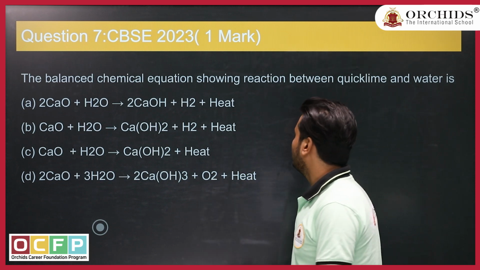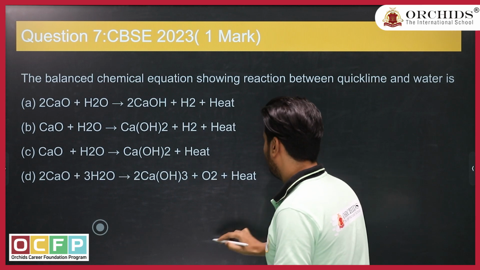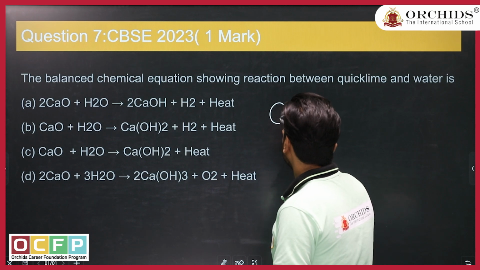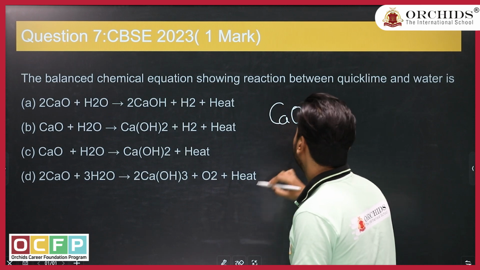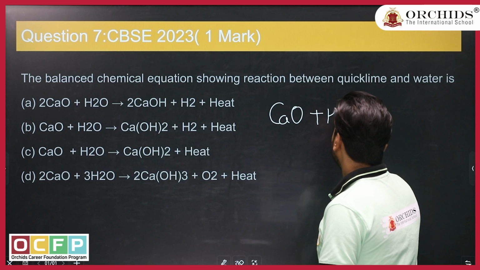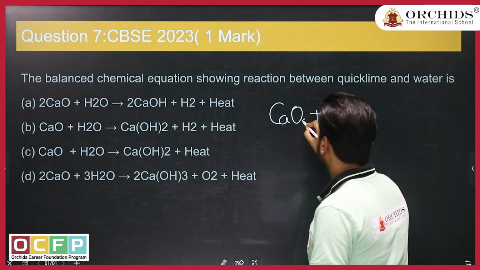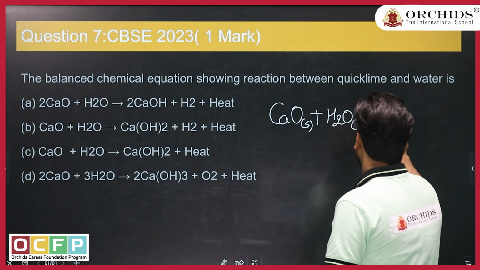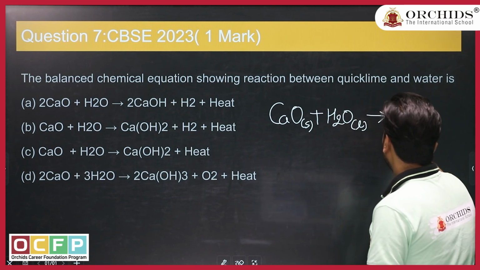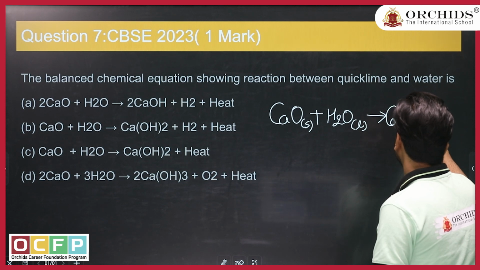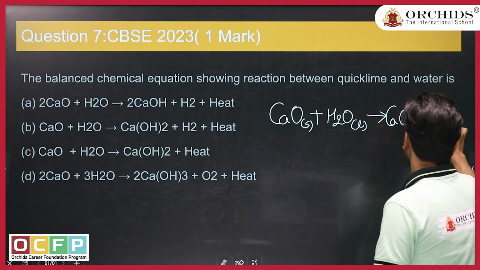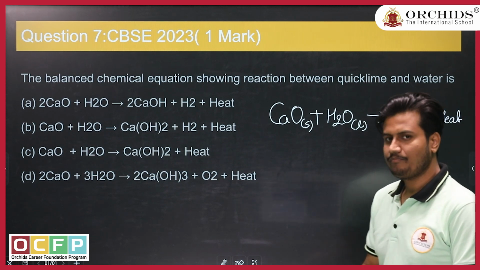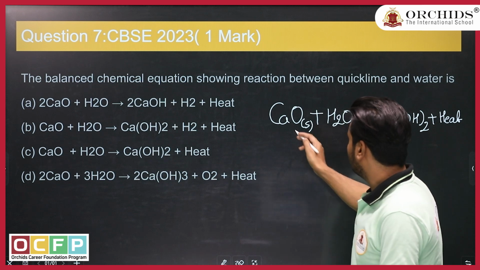So we have quicklime as CaO that reacts with water to give calcium hydroxide plus heat.